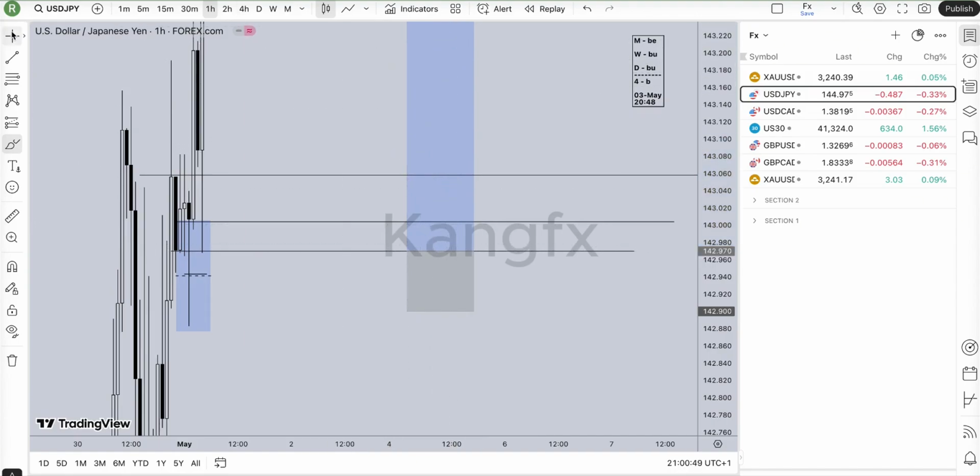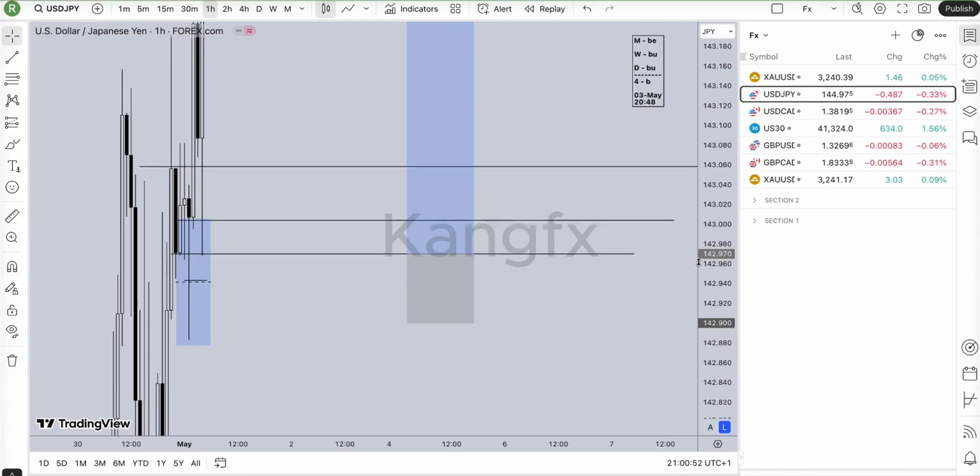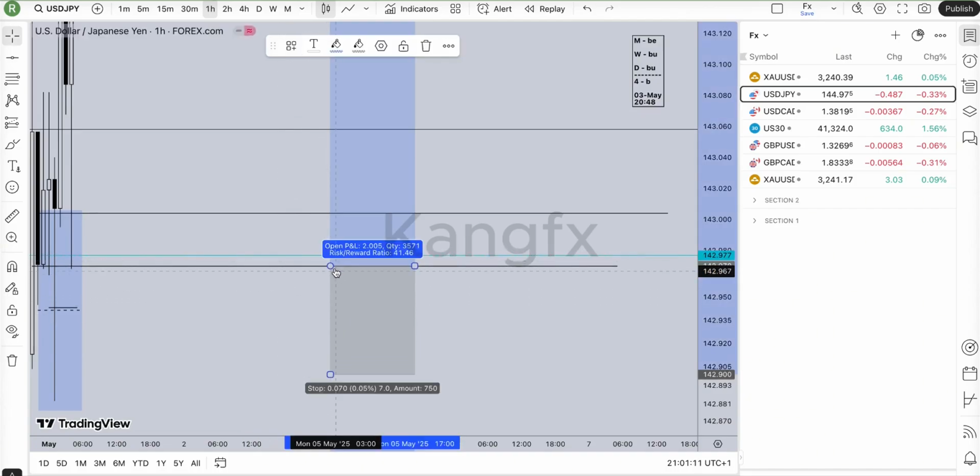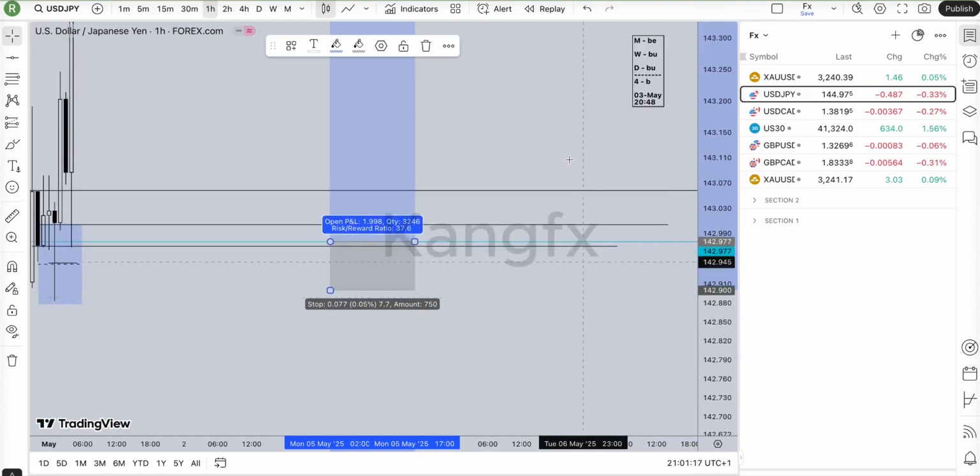So to avoid any story, what we do, we add extra pips. Bring in my ruler, I can just keep it here, add extra like 0.8, which is okay. Let me do 0.7, then drop it there, then adjust my entry to that 0.7 I added. Now I've secured that position.